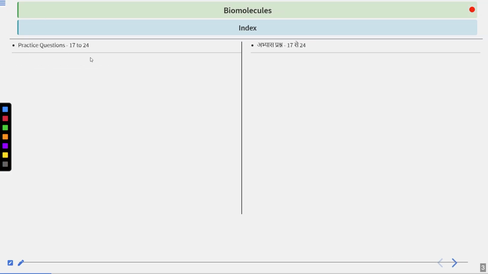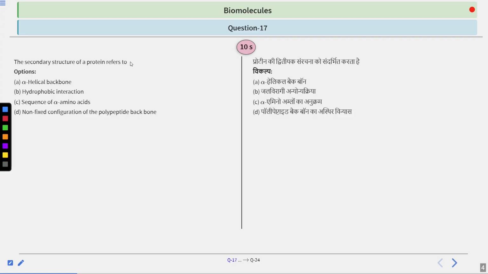So today we are going to see some practice questions from question number 17 to question number 24. Let's start with question number 17. The secondary structure of a protein refers to which of the correct options?